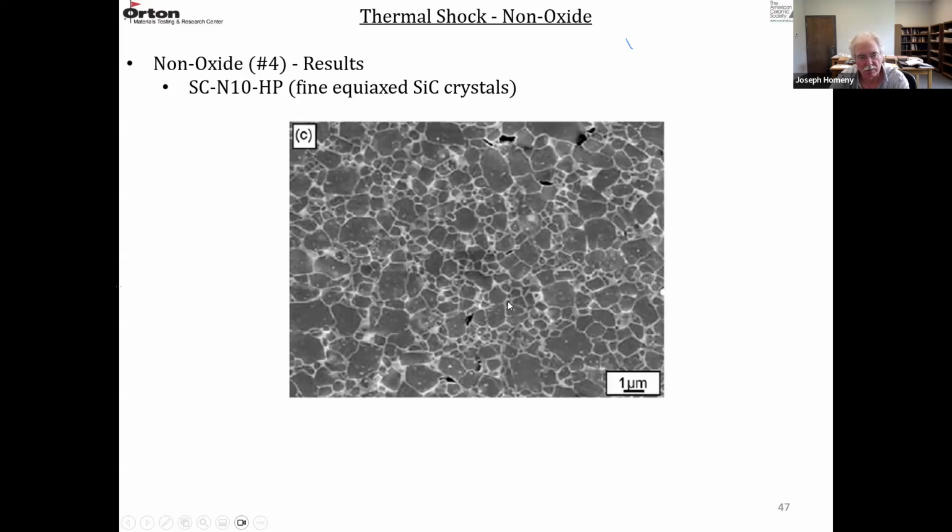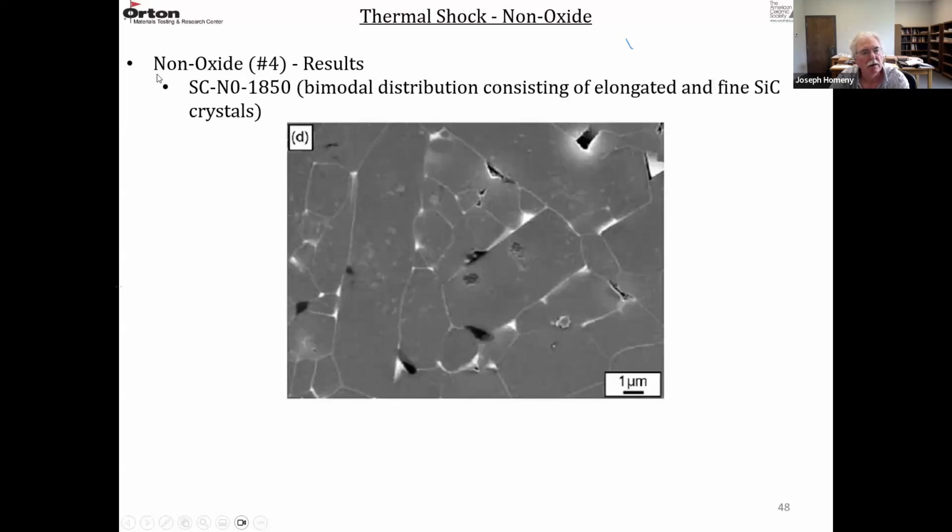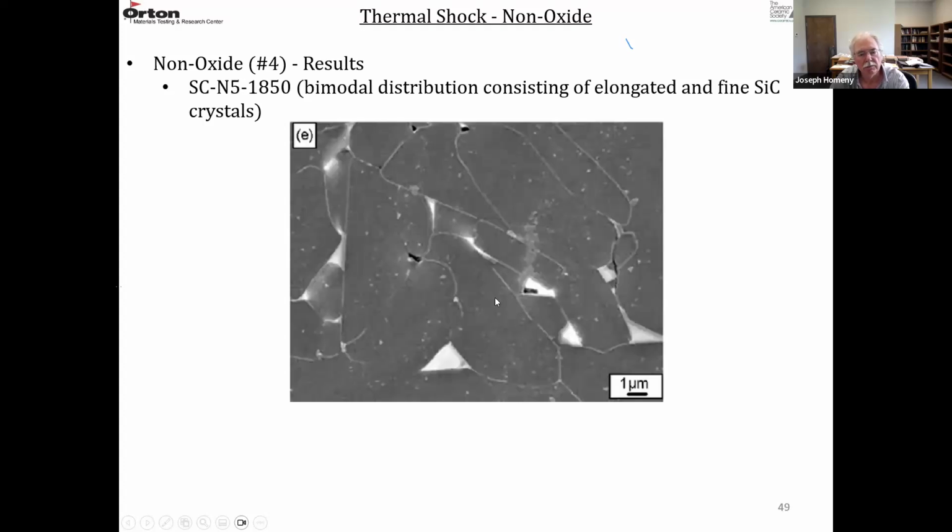They looked the same as any of these 3 I just showed. But when they went to the higher temperature annealing cycle, the microstructure changed. Now you have a bimodal grain size distribution. You have these equiaxed grains, but then you have these long, elongated silicon carbide crystals. So this type of microstructure should be far better in thermal shock resistance.